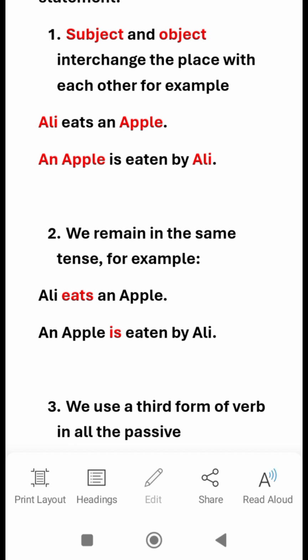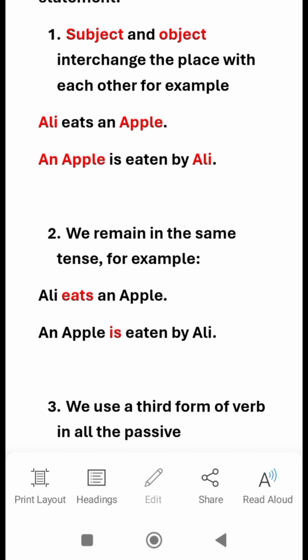So it tells us that this is present indefinite or present simple tense. So वहाँ पर अगर आपने उसे passive में change करना है तो present tenses ही का helping verb use किया जाएगा. So an apple is eaten by Ali. तो प्रेजेंट टेंस का हेल्पिंग वर्ब या ऑक्सिलरी वर्ब इस्तेमाल किया गया है.